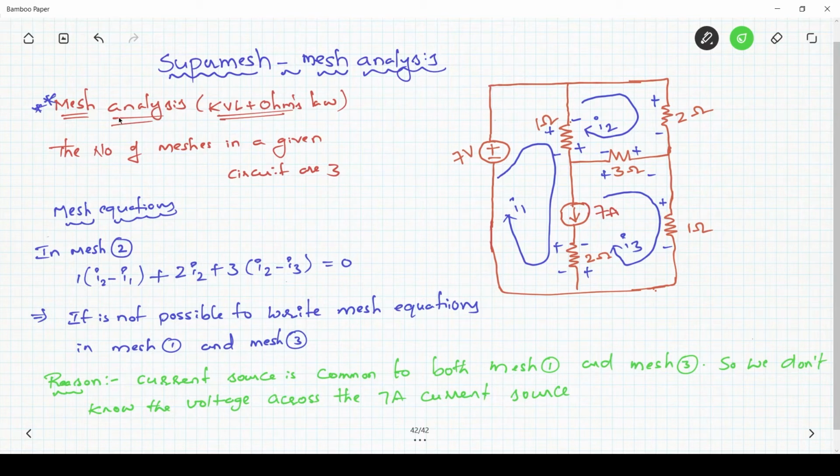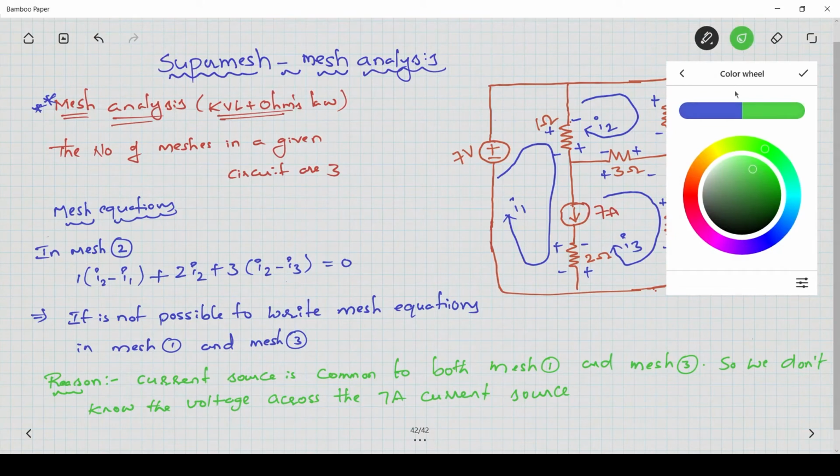So what is the super mesh concept here? Form a super mesh in mesh 1 and mesh 3 as follows.